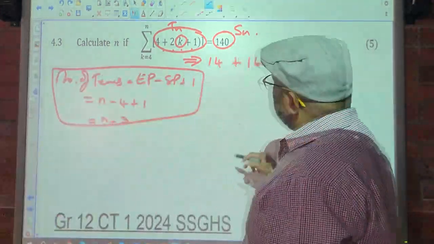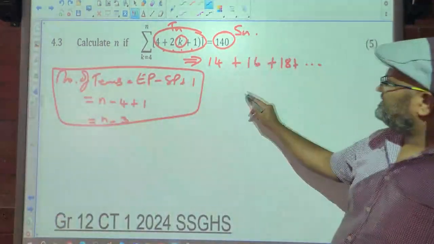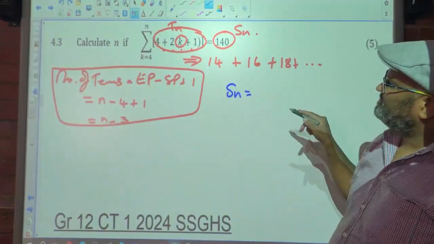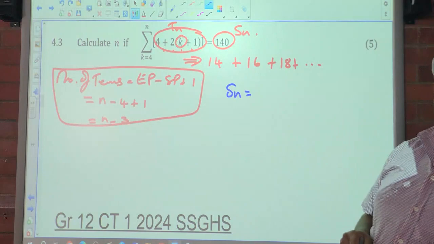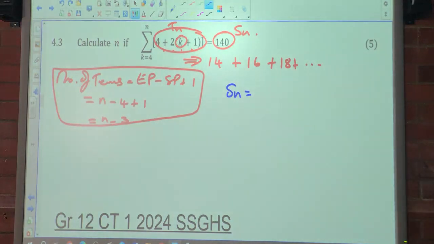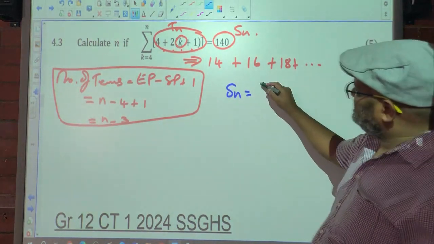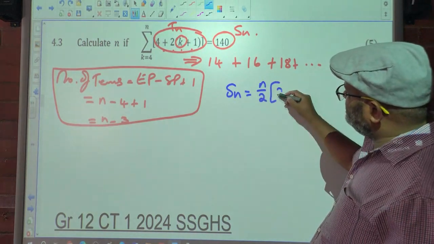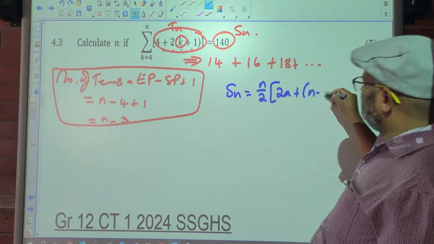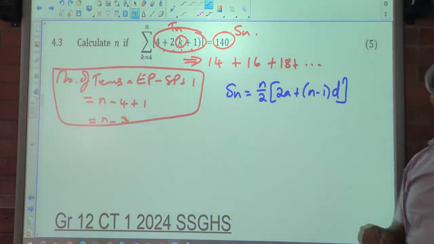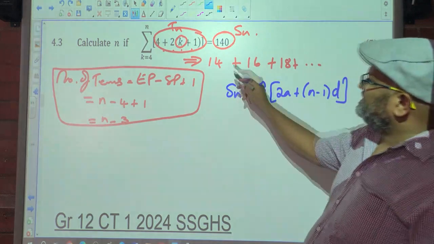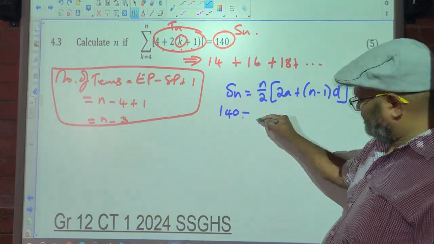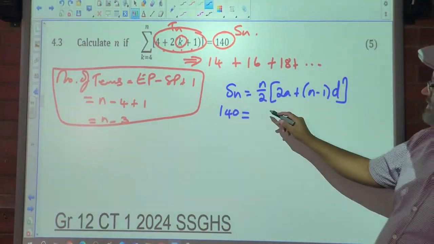So let's go. Because we know what Sn is, do we have the last term? No, we don't have the value of the last term. So which formula must we use? n over 2 into 2a plus n minus 1 d. If I had my last term, Sn is equal to n over 2 into a plus l. So what is Sn? 140 equals n over 2.